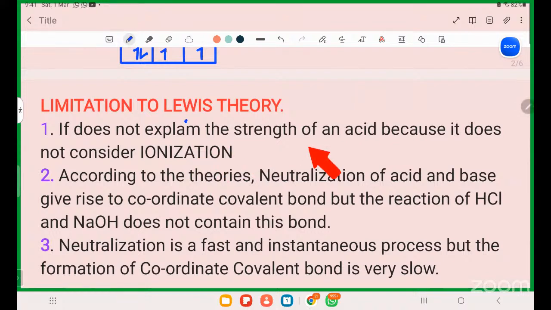Then also, according to the theory, neutralization of acid and base gives rise to a coordinate covalent bond. But neutralization of hydrochloric acid and sodium hydroxide does not contain any covalent bond.